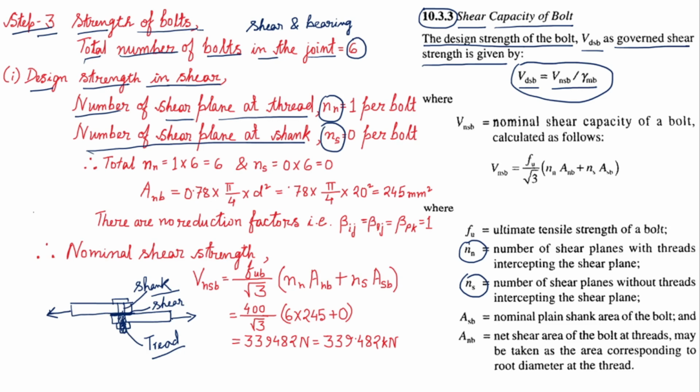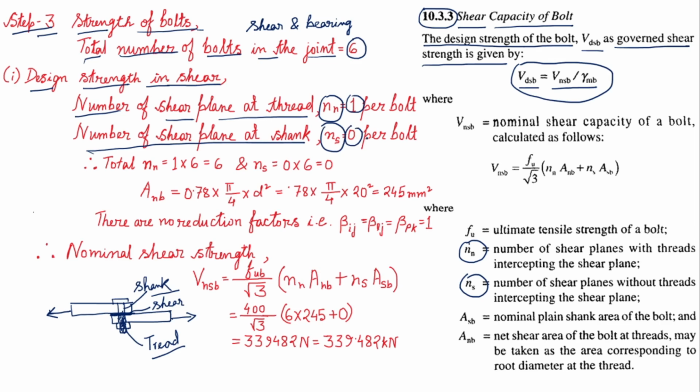So you imagine that this shear plane develops in the threaded portion, not at the shank. Means in this case the value of NN will be 1. At the shank portion, the portion where there is no thread, no shear plane will exist. So that's why NS is 0.